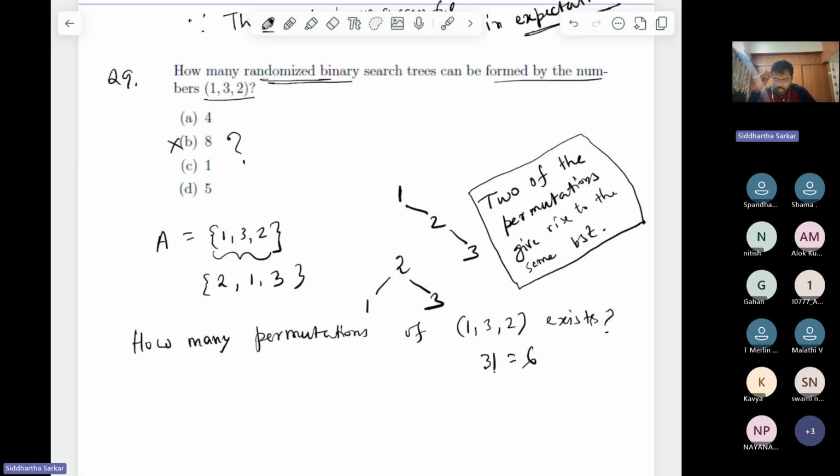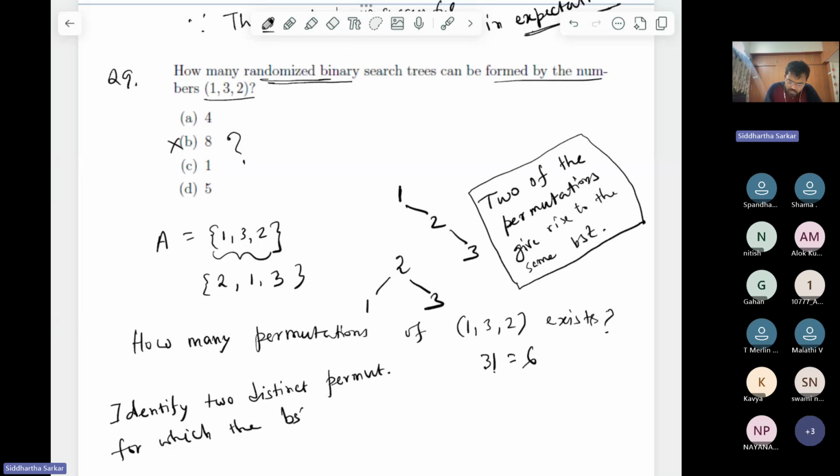I'll give you a minute to identify two distinct permutations for which the BST is identical.